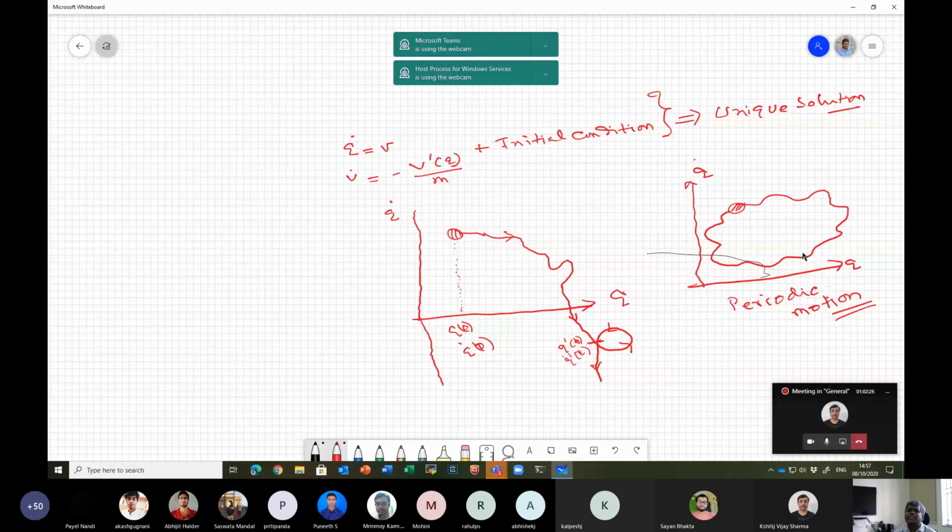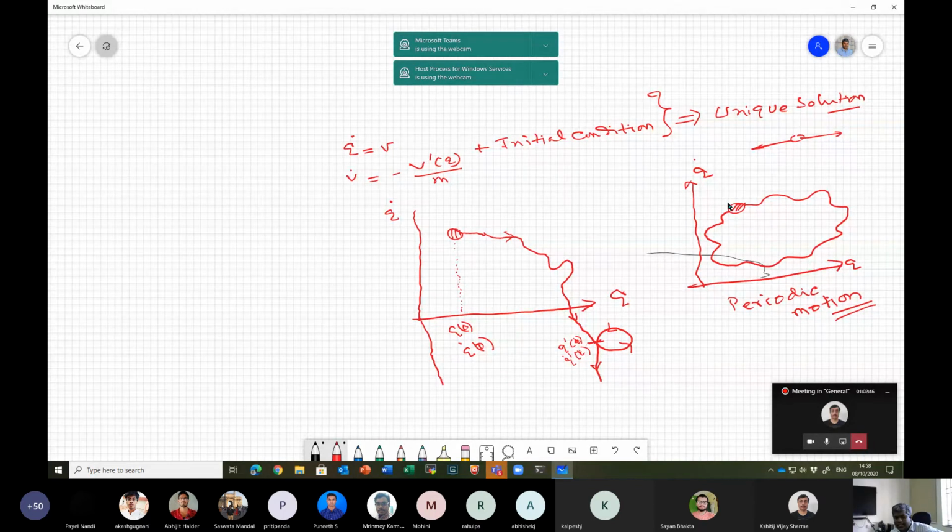Like in the case of a simple harmonic oscillator in 1D, it oscillates and comes back to the same position, right? It oscillates like this. So in that case, if you can repeat the phase space, then we call this motion a periodic motion.